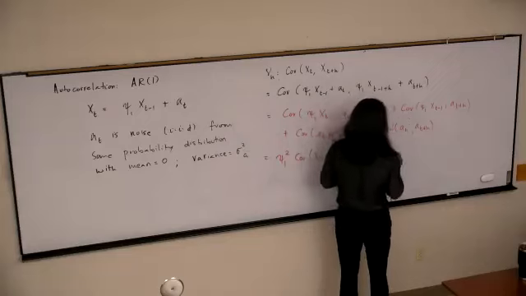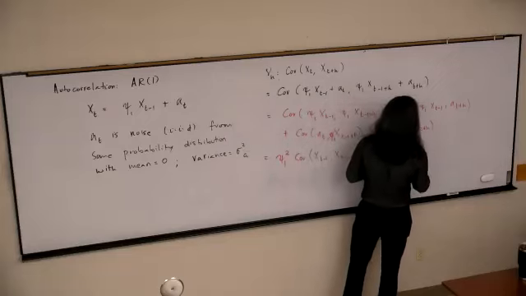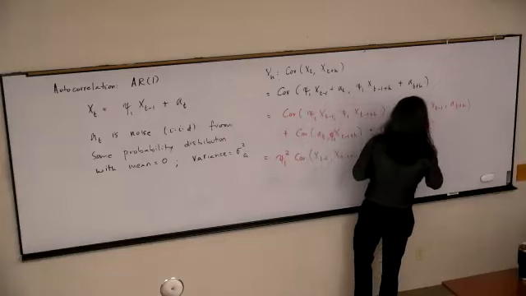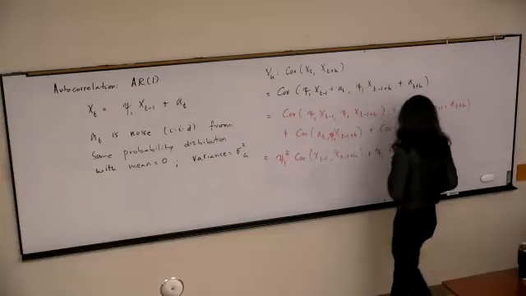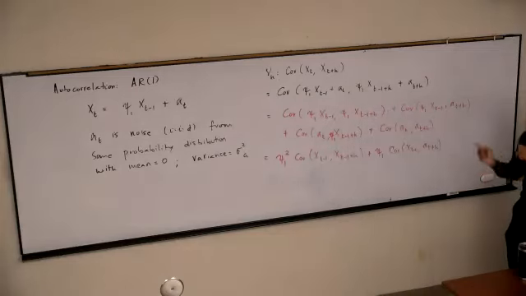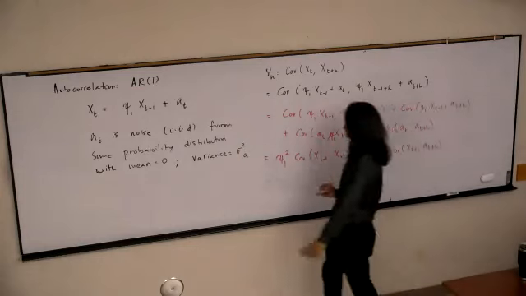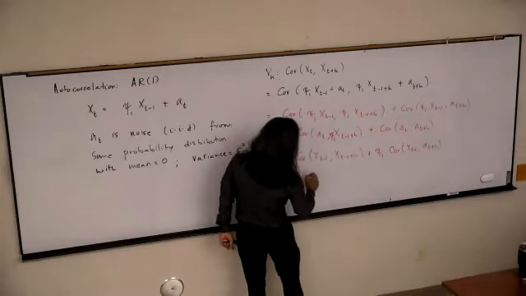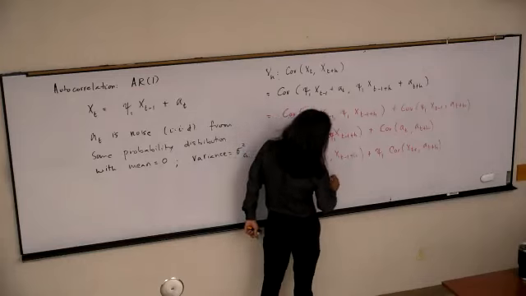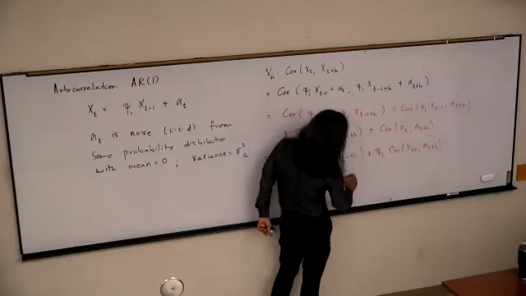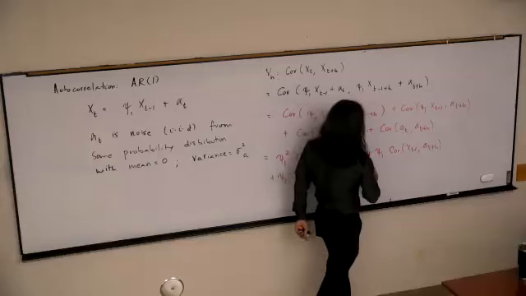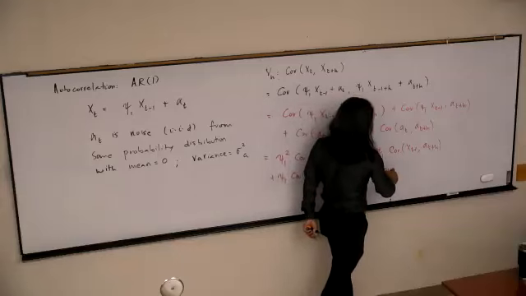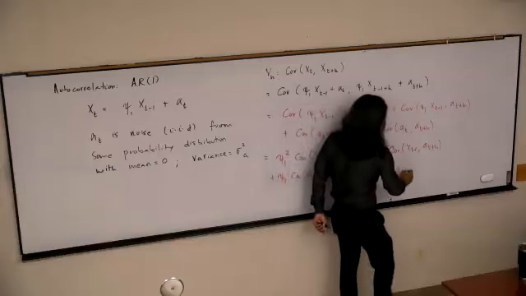Psi 1 is going to come out, covariance of xt minus 1, At plus h. Next term, psi 1, covariance of At, comma xt minus 1 plus h. And lastly, covariance of At, comma At plus h.